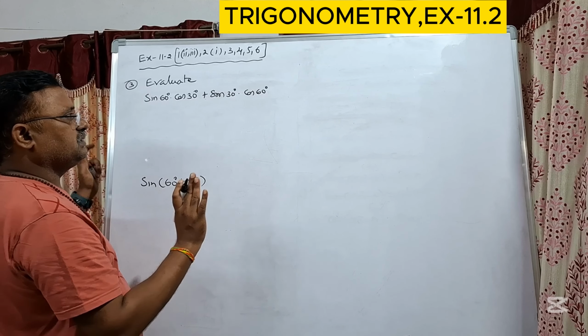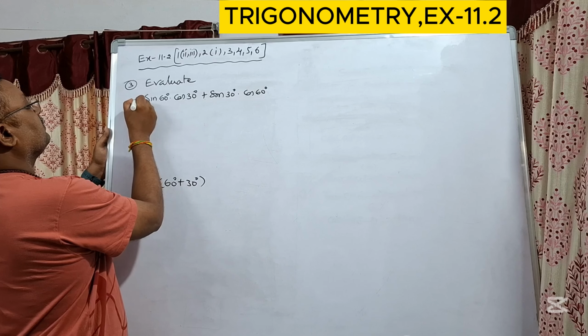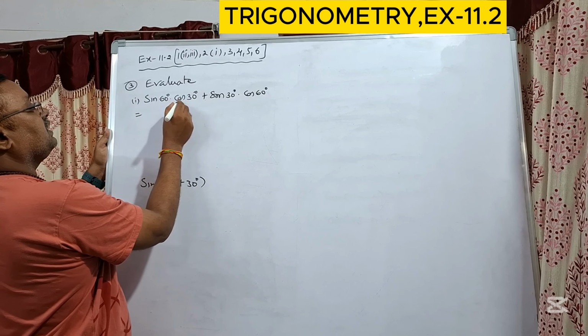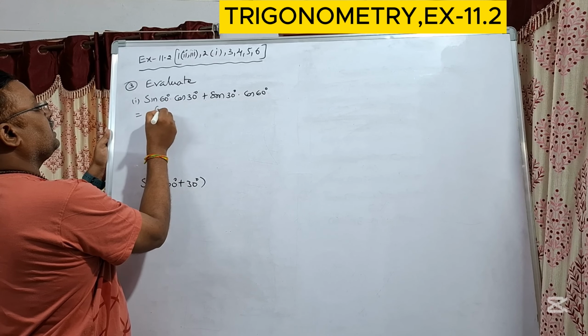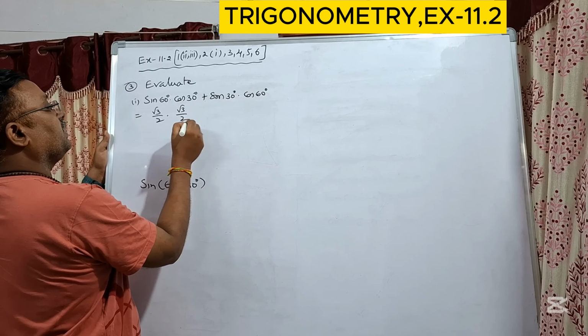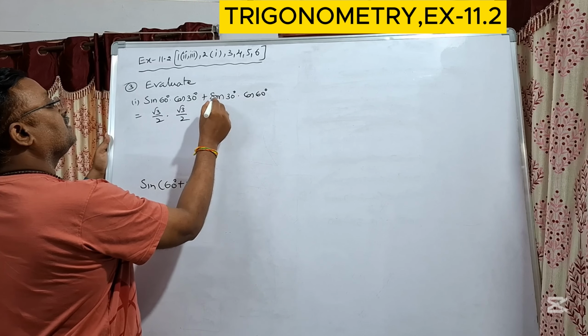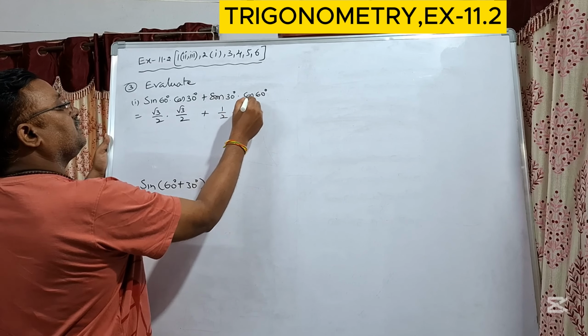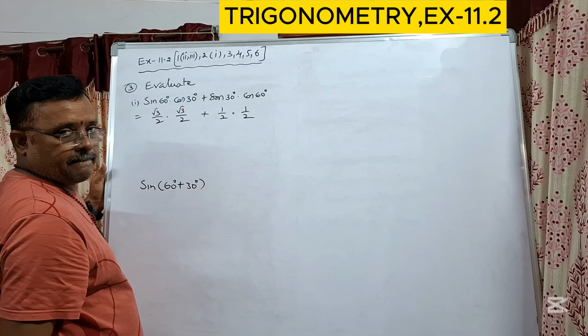Let us apply. First value: sine 60 is root 3 by 2 into cos 30 value same root 3 by 2 plus sine 30 value 1 by 2 into cos 60 value 1 by 2.